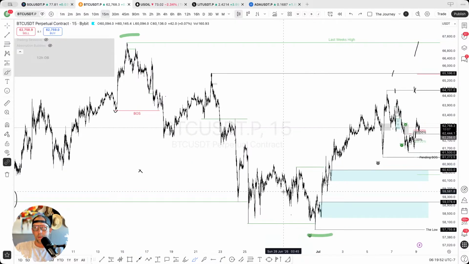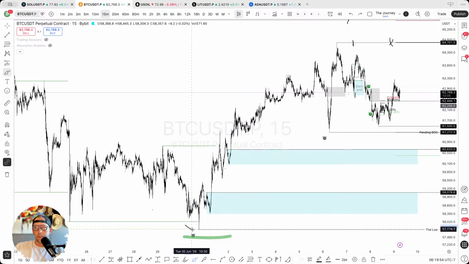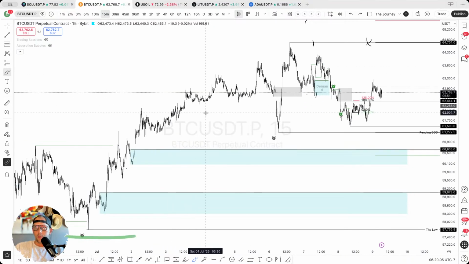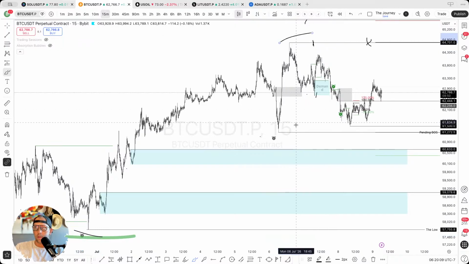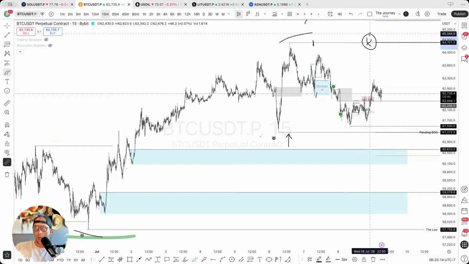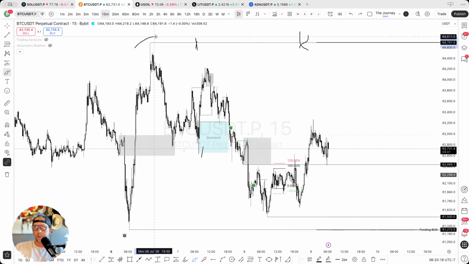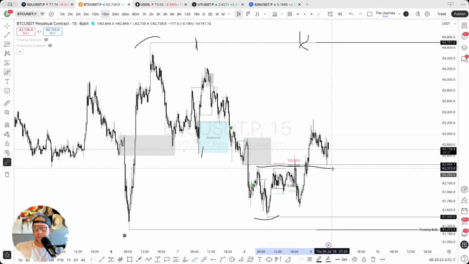Then the structure from here to here is not flipping bearishly until here. If the structure between here and here doesn't flip bearishly until here, then this is the weak high. And now the structure from here to here has a bullish transition.